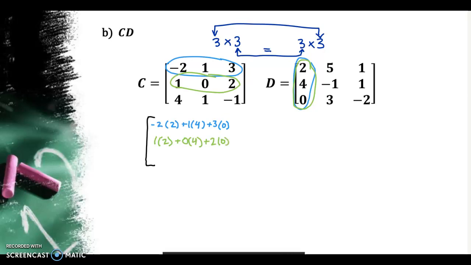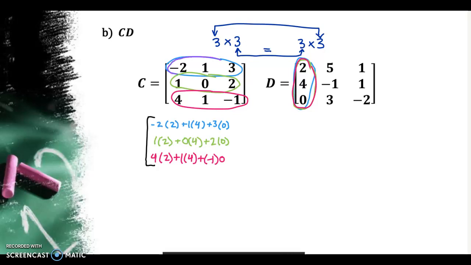And then for our third row, first column entry, we're going to take 4 times 2 plus 1 times 4 plus -1 times 0. Now, I'm going to circle in purple this next column entry.